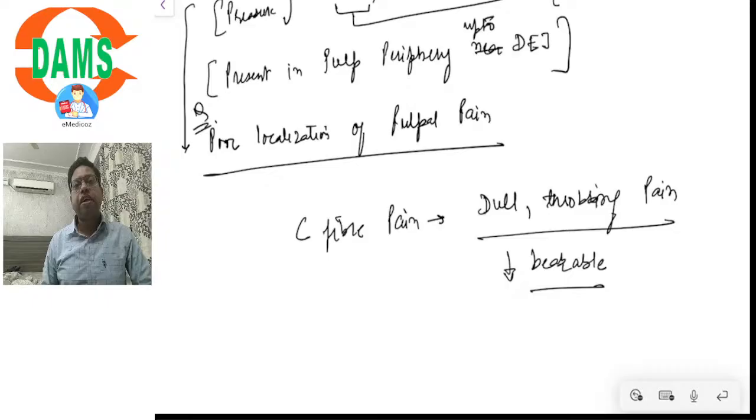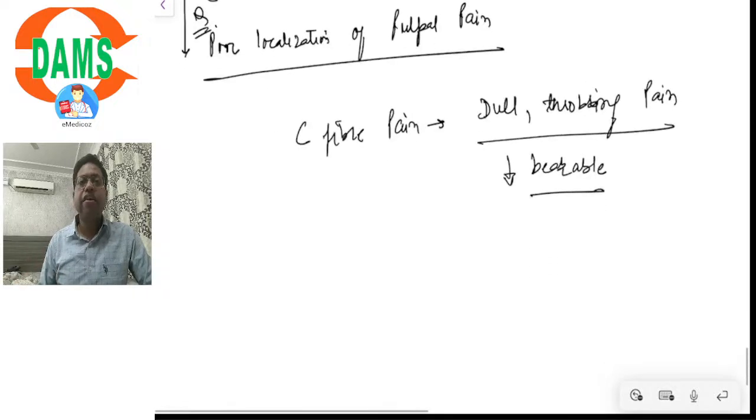So these are the different types of sensory fibers present in the dental pulp, their location, their constitution, and the functions and types of sensations that they carry.